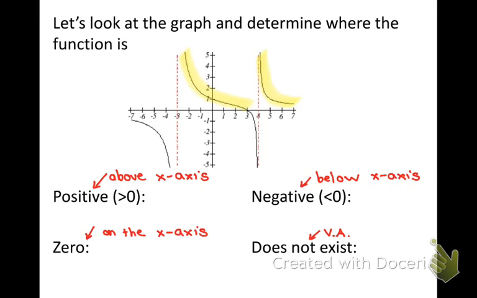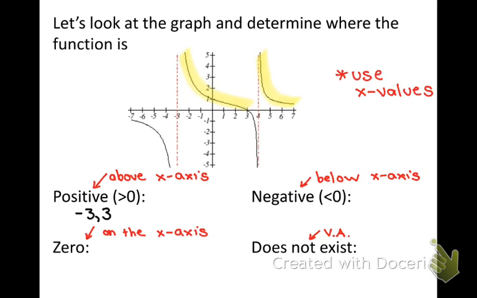Now, keep in mind, when I write the interval where the function is positive or negative, I'm always going to look at the x values. So in that first segment I have highlighted in yellow, we are looking from -3 to +3.